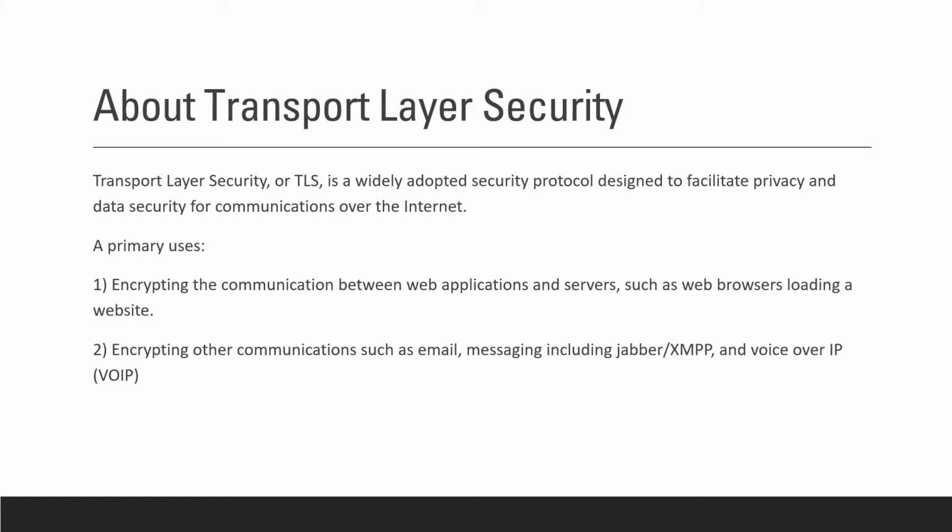So the primary uses are encrypting the communication between web applications and servers. This is what happens when you're browsing the web or loading a website on your browser. And actually, more important for us is encrypting what is called maybe the other communication, such as email.